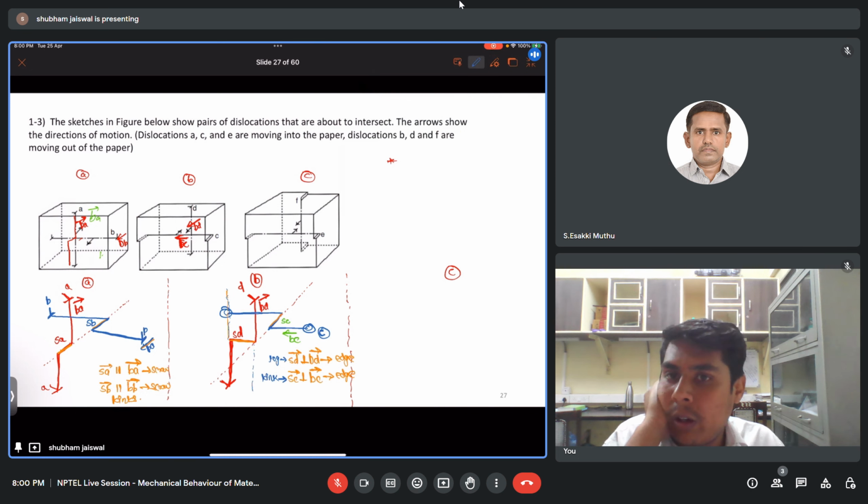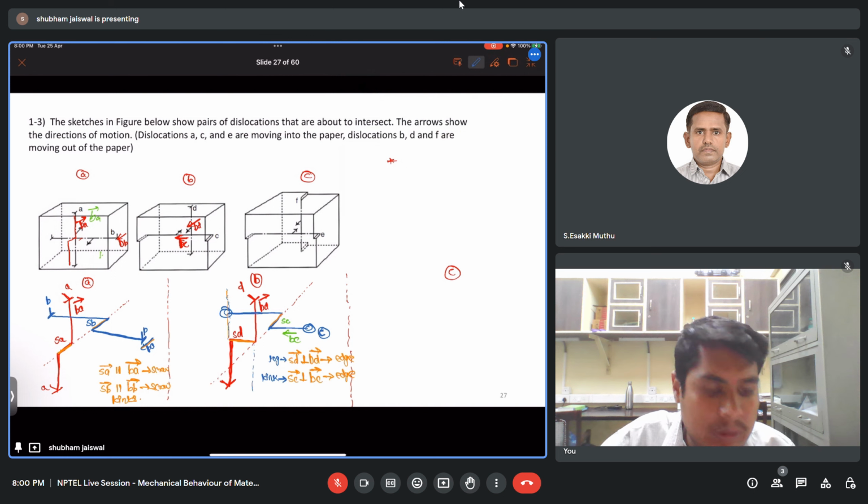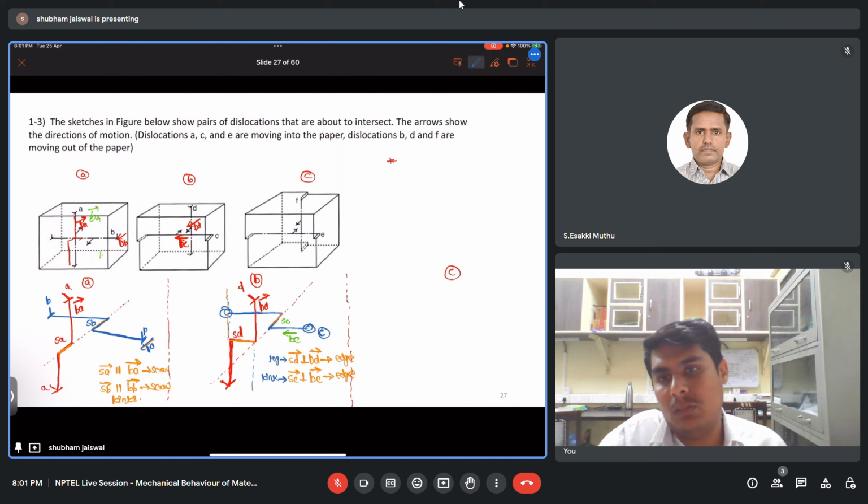Now try to draw it for the third case, that is the case where both are screw dislocations. Anyone? What is the character of the steps and whether it is a jog or a kink? So E is moving inside the paper.